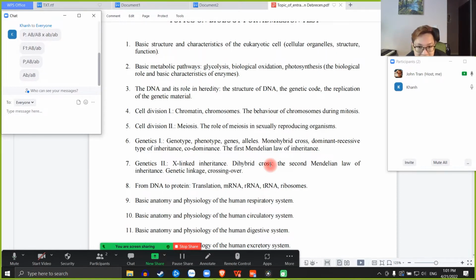Now, let's talk about cell division 1 and 2. Okay, can you describe what chromatin, chromosomes, and behavior of chromosome during mitosis?